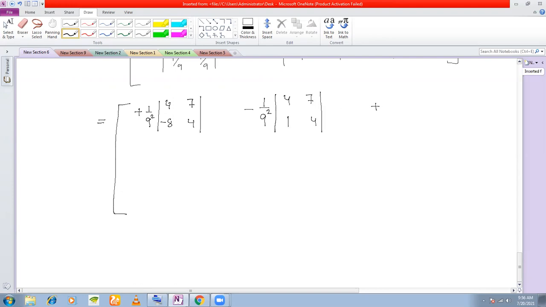Again, 1 by 9 into 1 by 9 from the first row and the second row you can take common from this minor. You will get 4, 4, 1, minus 8. Similarly here, minus 1 by 9 square. You will get 1, 4, minus 8, 4.